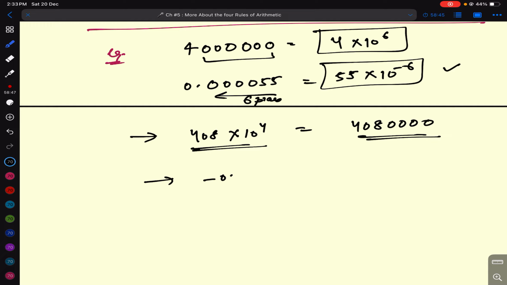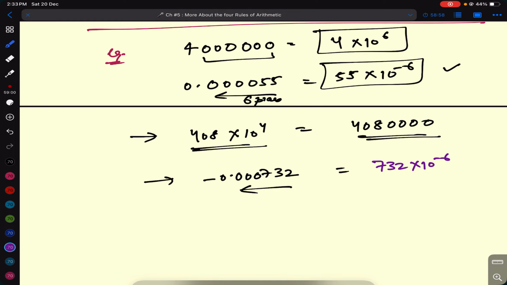Last, 0.000732. How do we write that? How many decimal places? 6 again. So this will be 732 times 10 to the negative 6. Okay, clear? So this is how we convert that to scientific notation.